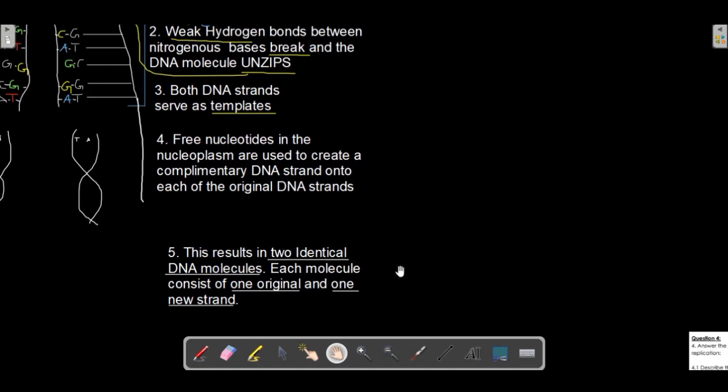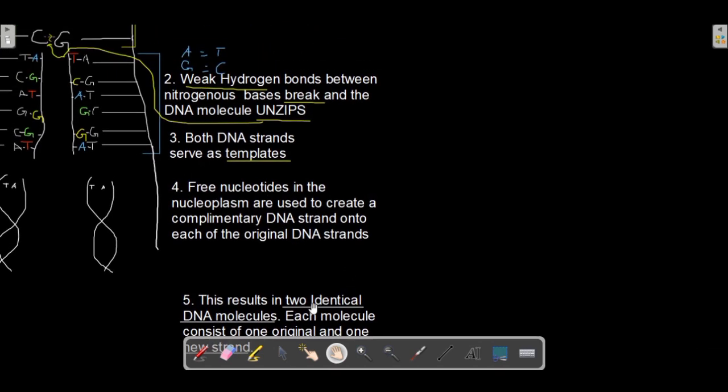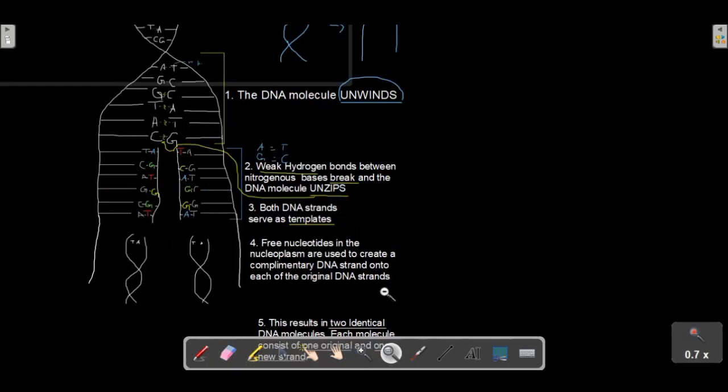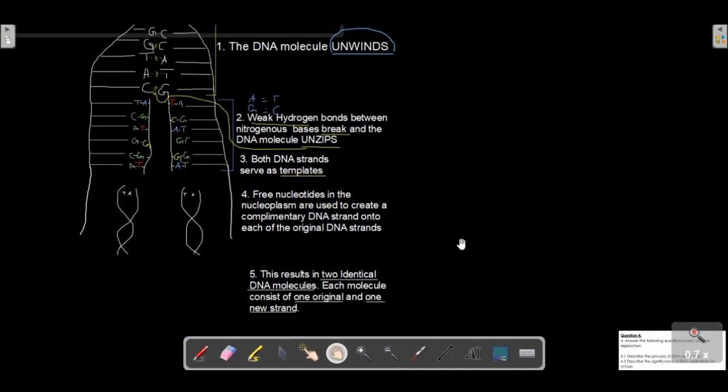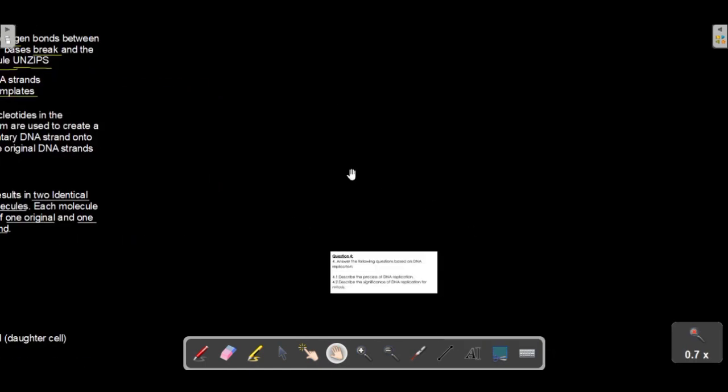Each molecule consists of one original and one new strand. You don't have to write down that last part, but you have to write down the result. That's what you write down for the description of DNA replication.